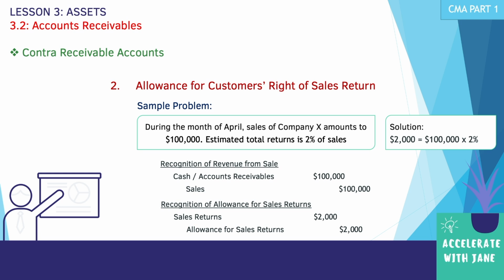So in this problem, if we are asked how much is the net realizable value of receivables, the answer is also 98,000 US dollars. We simply deduct the allowance for sales returns, which is 2,000 US dollars, against the gross amount of receivables, which is 100,000 US dollars, and we get the NRV, or net realizable value of the receivables, which is 98,000 US dollars.